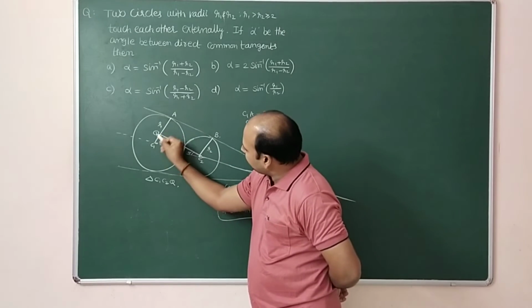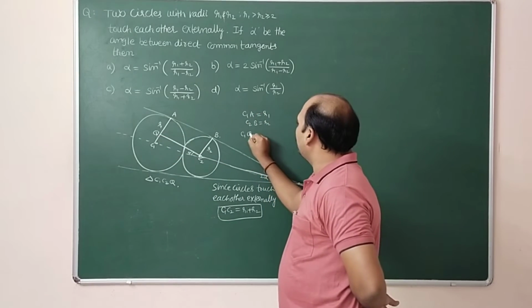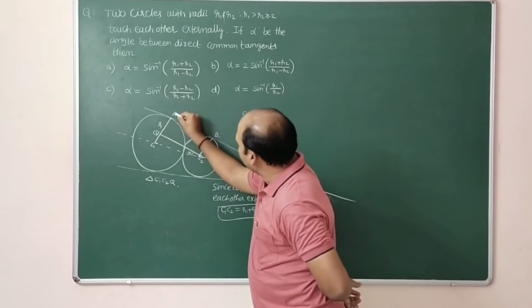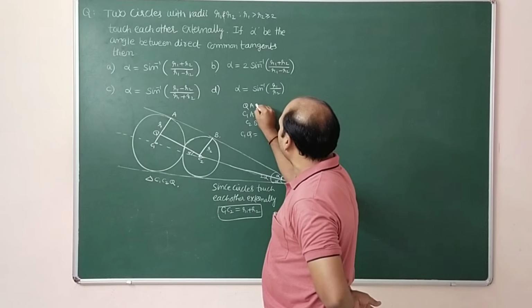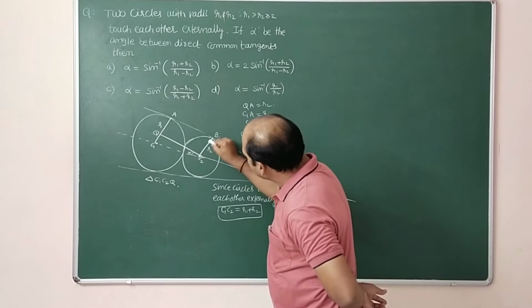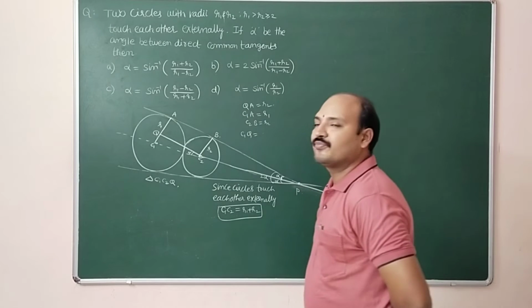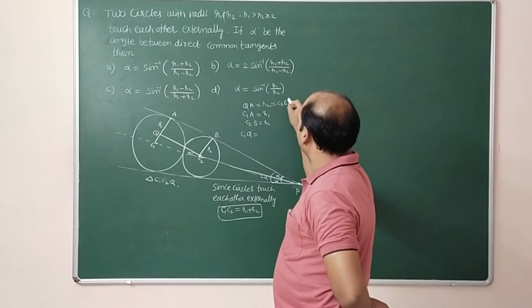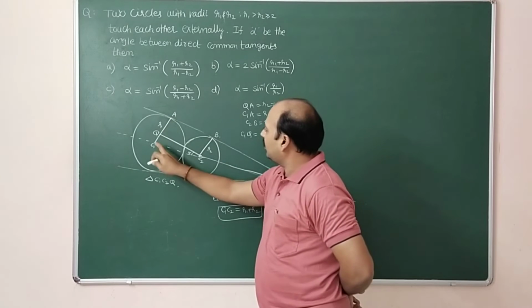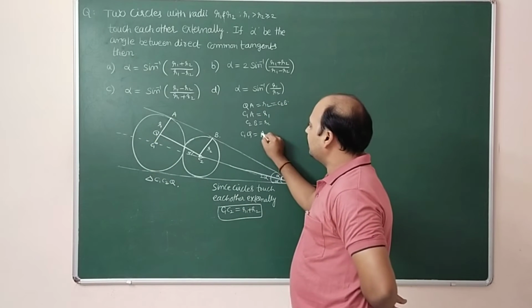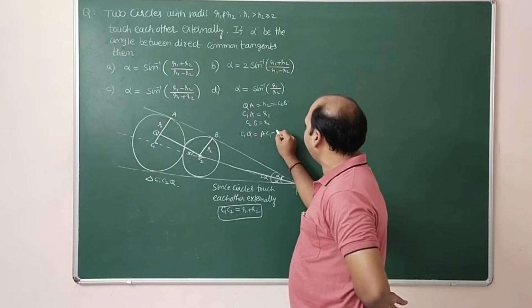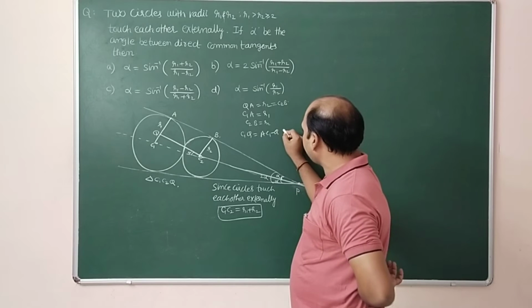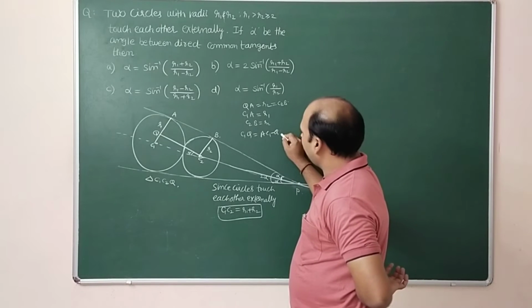So if you draw like this, C1Q I want. QA is equal to R2. Why? Because C2B is equal to QA. So C1Q, if you want, is AC1 minus QA.